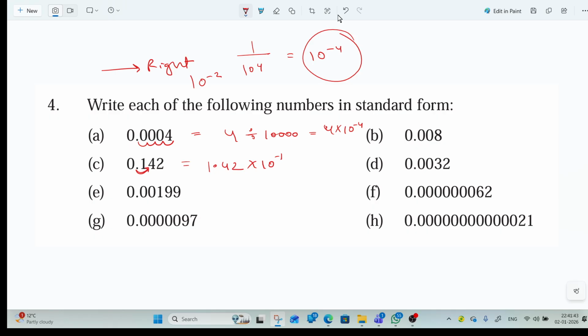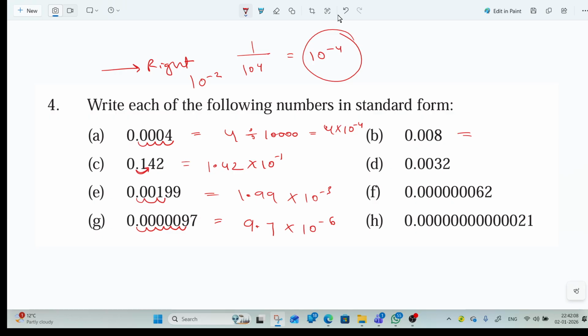Like here 1, 2, 3, you need to move it 3 digits, so this will become 1.99 times 10 to the power negative 3. Here 1, 2, 3, 4, 5, 6, you are moving 6 steps, you get 9.7 times 10 to the power negative 6. Clear?